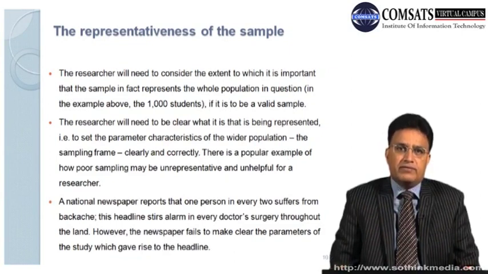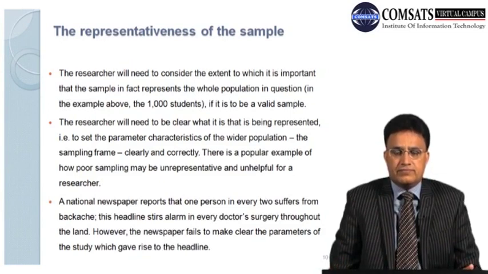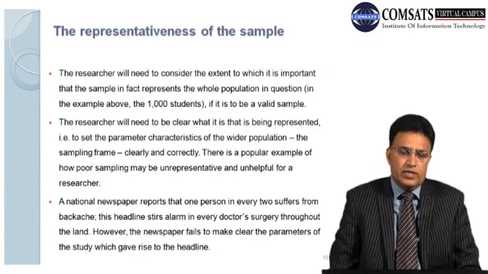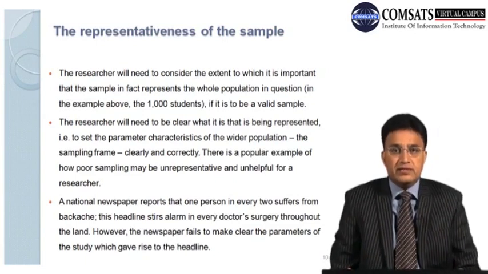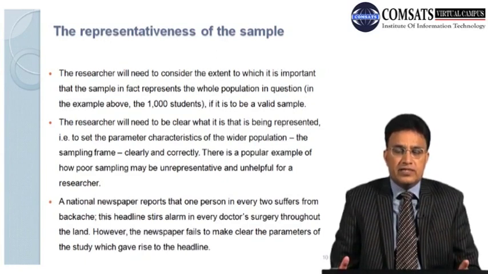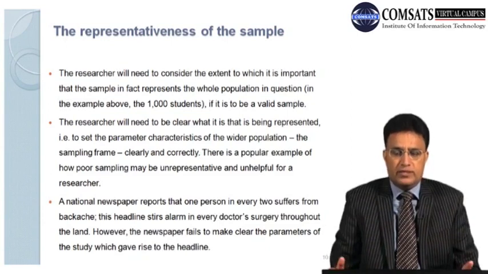In the example above, the 1,000 students, if it is to be a valid sample, the researcher will need to be clear what it is that is being represented, that is, to set the parameter characteristics of the wider population, the sampling frame, and set the parameter characteristics very clearly and correctly.